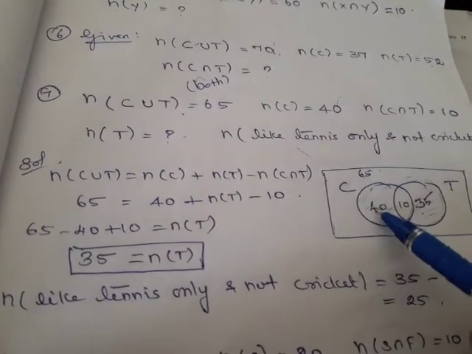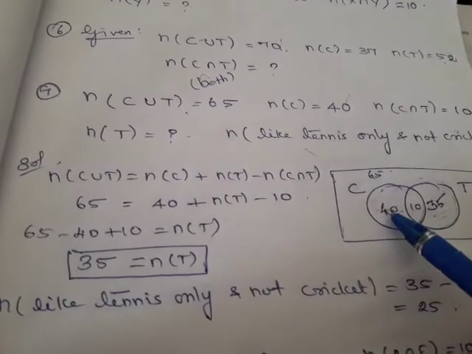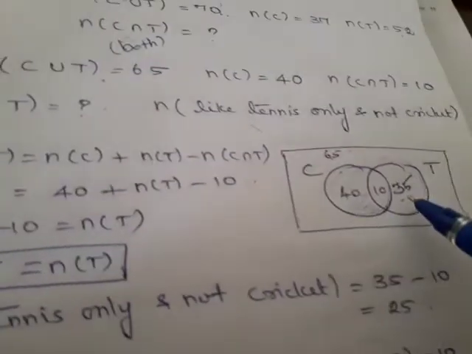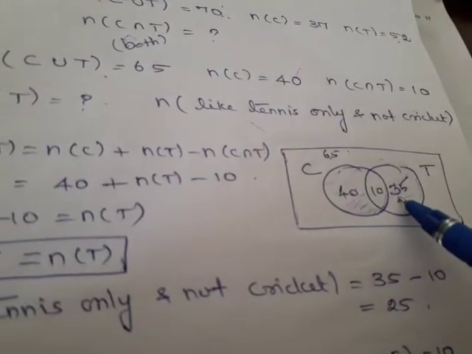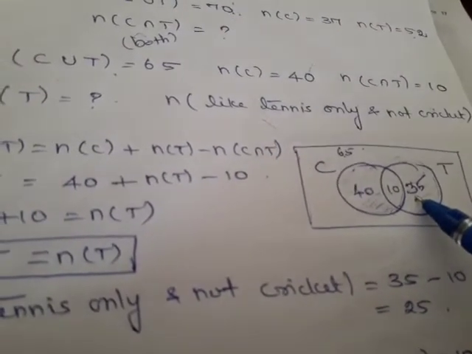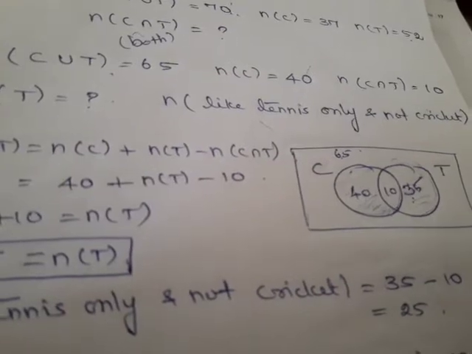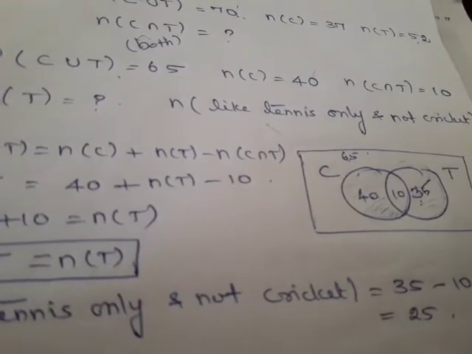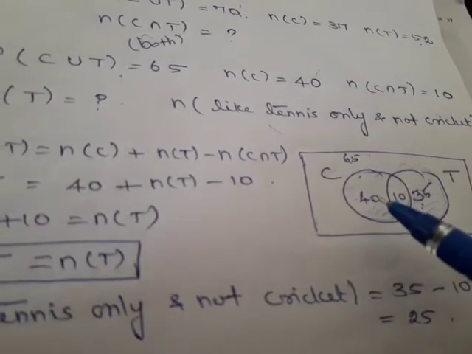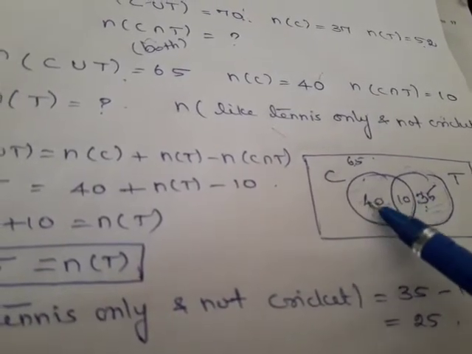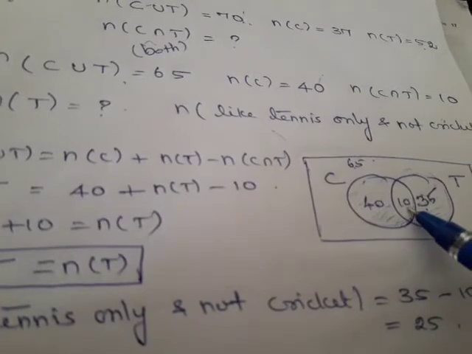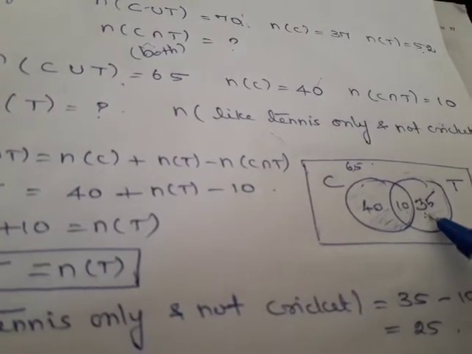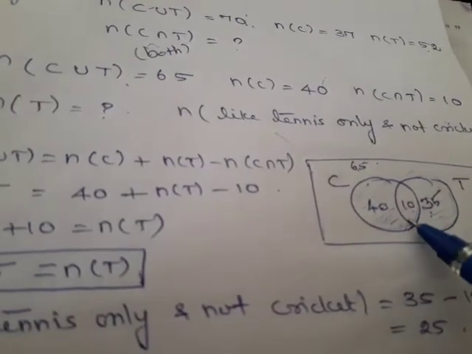This 40 includes people who like both cricket and tennis, and this 35 also includes people who like both cricket and tennis, because the people who like tennis fall under the 35, but they may also like cricket, right? So this 40 includes people who like both, and similarly this 35 includes people who like both.